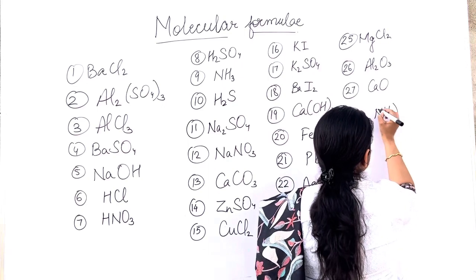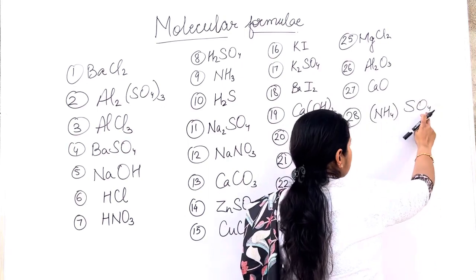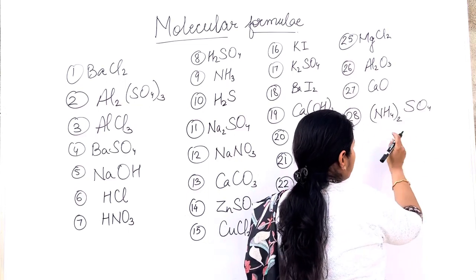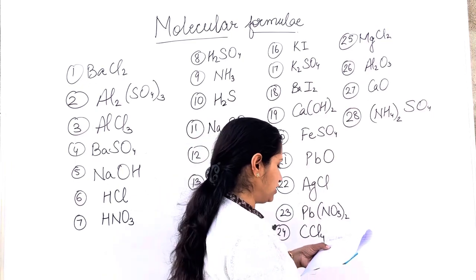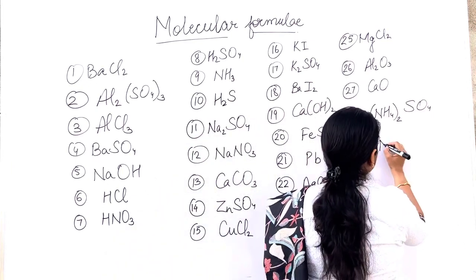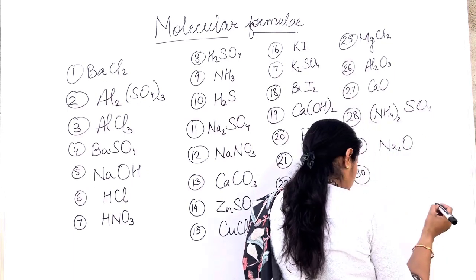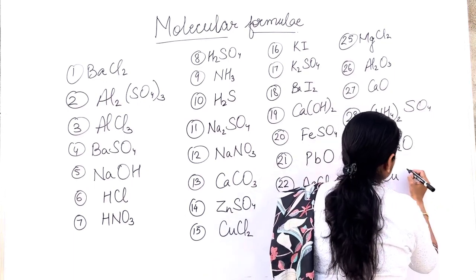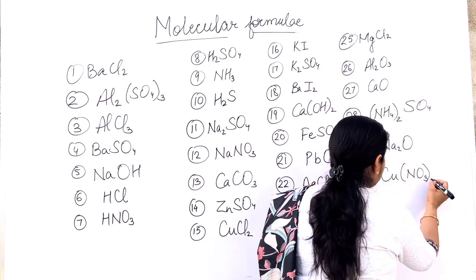Ammonium has a valency of 1 and sulfate has a valency of 2. So sulfate की valency अमोनियम के नीचे and ammonium की valency 1 है, so you need not write it under sulfate. Then comes sodium oxide, and the last one is copper nitrate.